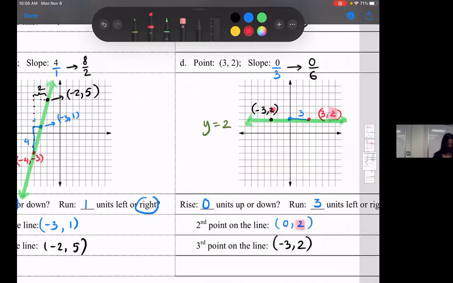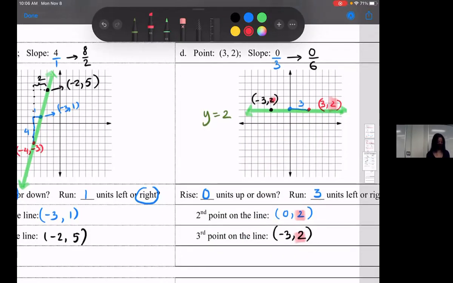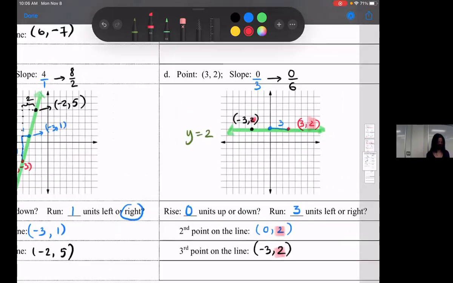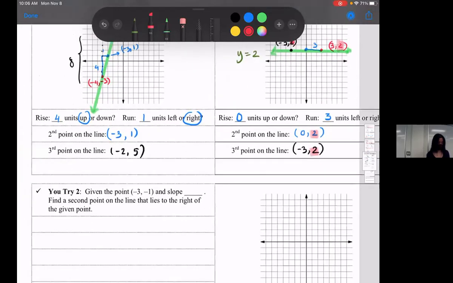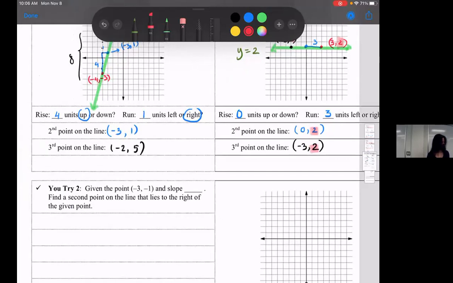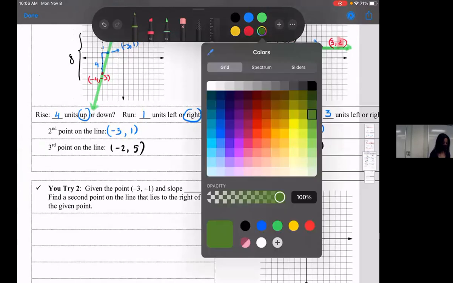Look at the numbers I highlight. They all have the 2, 2, 2 everywhere, right? So that's how you figure it out. It's y equals 2, just a quick way. You try 2 over 5.